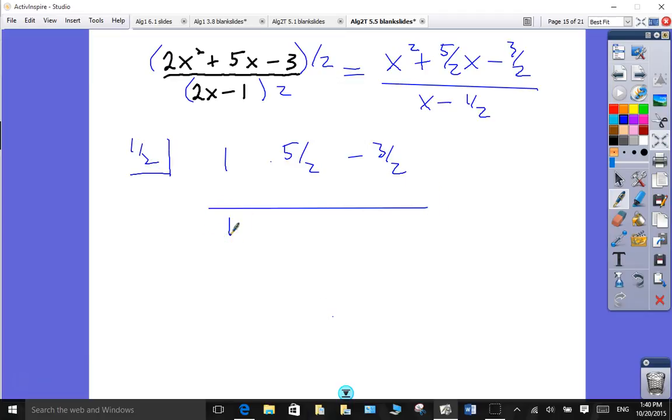Bring down the 1. 1 half times 1, add. 1 half times 3, 3 halves, add. Okay, so the remainder is 0, so clearly x minus a half was a factor. What do these represent?